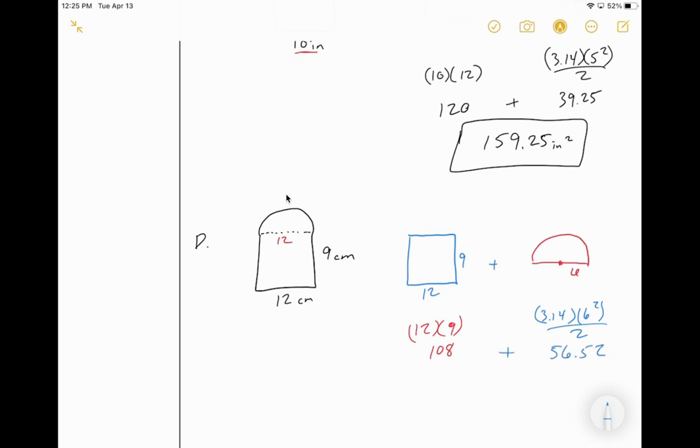And then we add. And we should get 164.52 centimeters squared. Sound good? Makes sense?